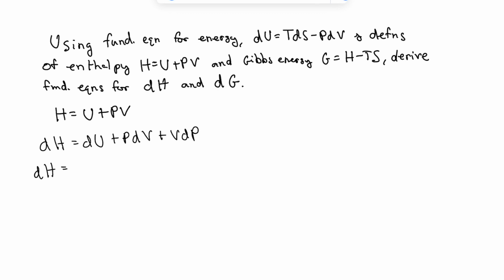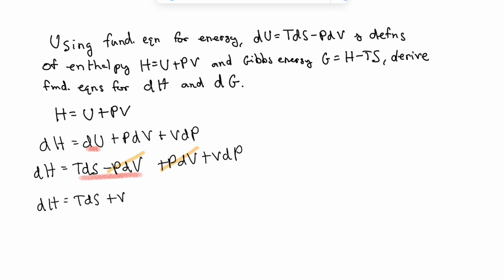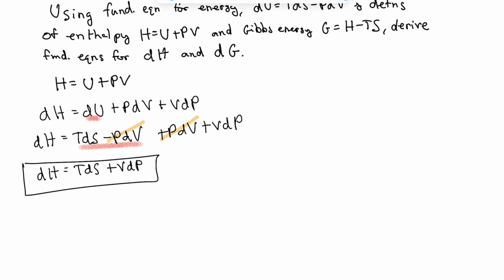Again, my fundamental equation for internal energy was TdS minus PdV, so substituting in from above, plus PdV plus VdP, and we'll see that we get a nice cancellation here. So these two terms cancel, and we get a final result: dH is equal to TdS plus VdP. And this is our fundamental equation for enthalpy.